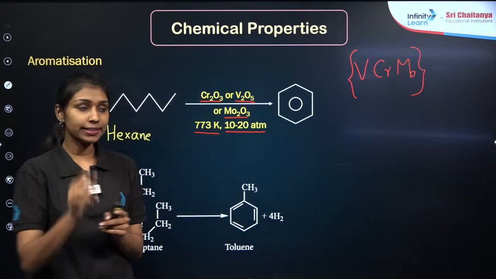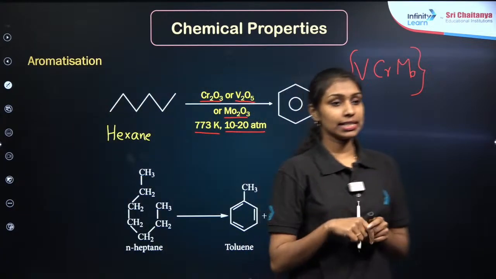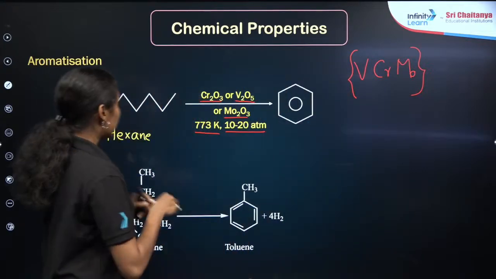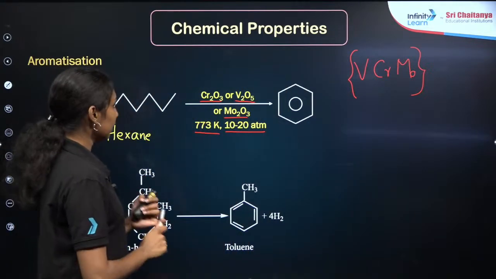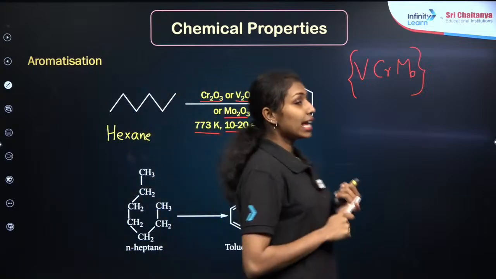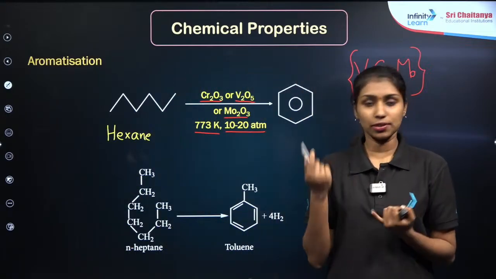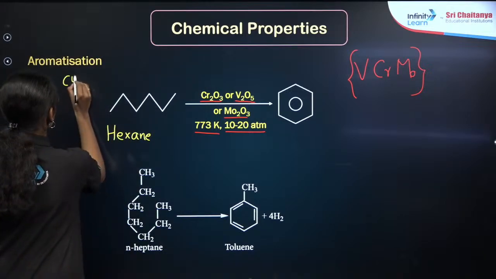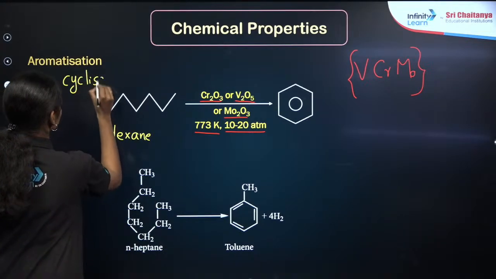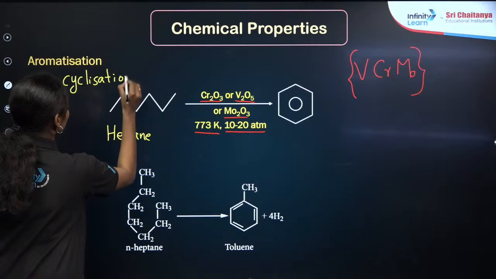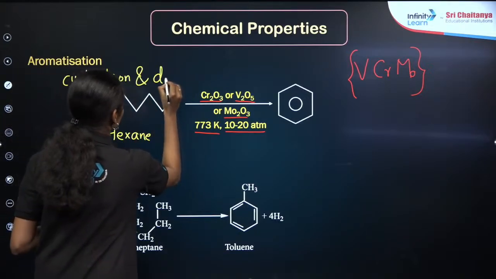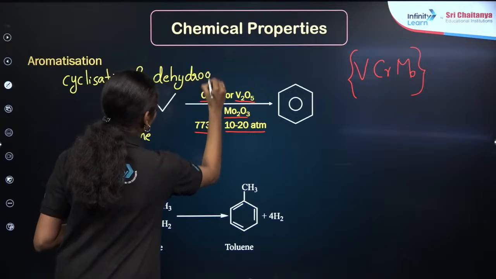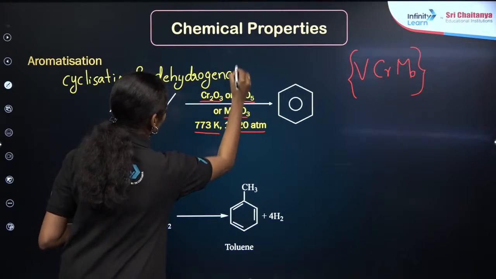What is happening? In the first step it will get cyclized. This 6 carbon compound gets cyclized to form a cyclohexane ring. Then after that it will undergo dehydrogenation. First step it will be undergoing cyclization, then it is about the dehydrogenation, removing hydrogen atoms to form an aromatic compound.